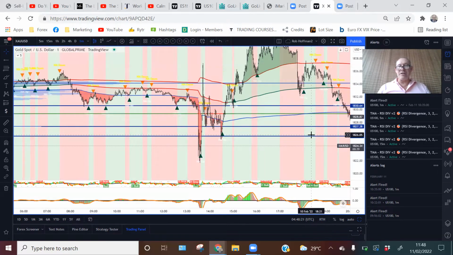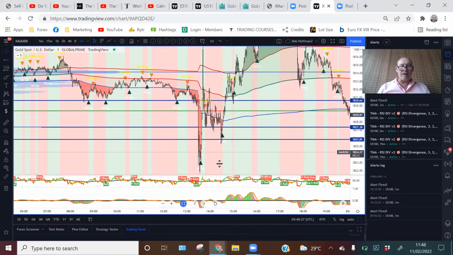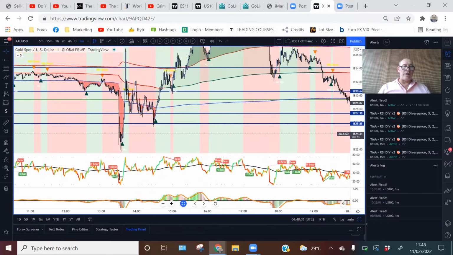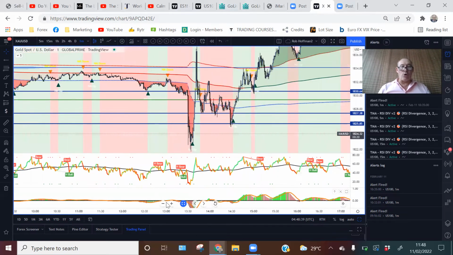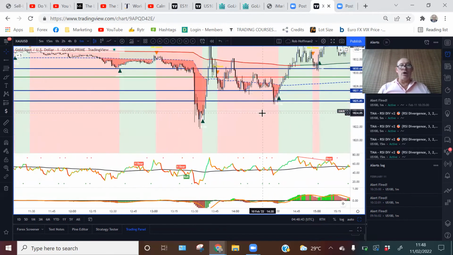And then using our matrix, you notice what happened at this time. It started pushing down just after 1 o'clock. Up there, you see we've got bearish divergence. We have bearish divergence on the 1 minute time frame, ladies and gentlemen.